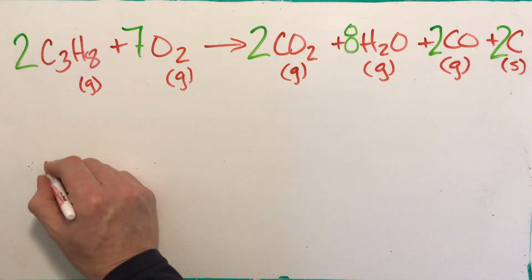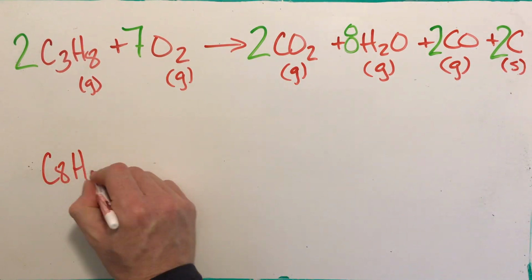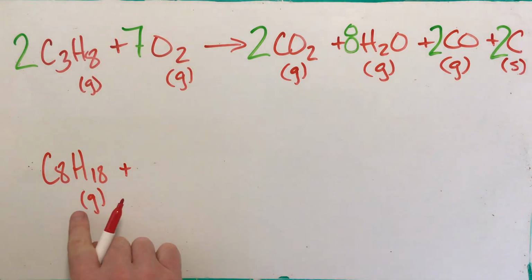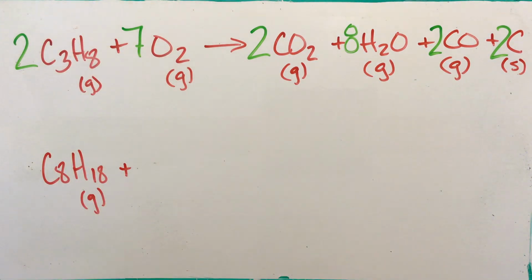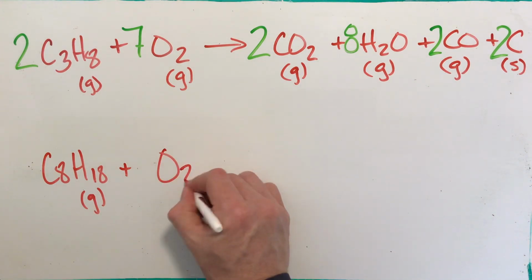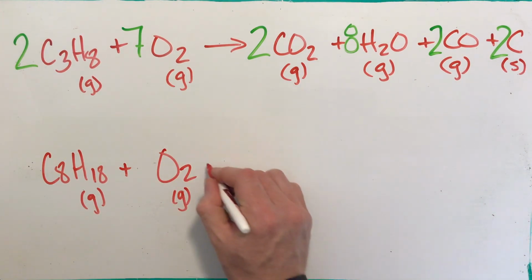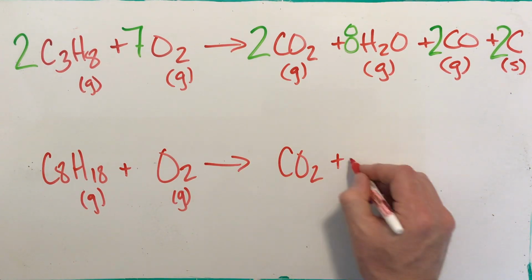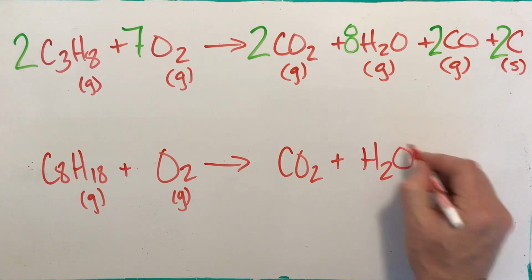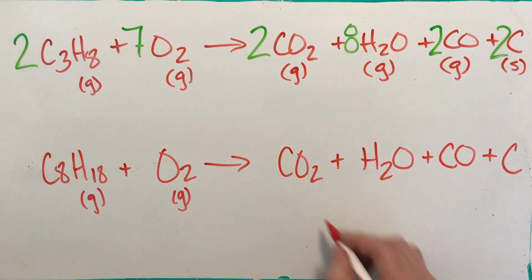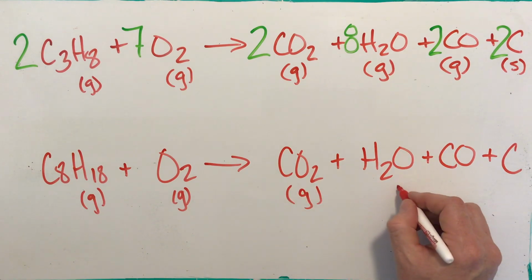And again, we use the car as the example, so let's do that again. Here's gasoline. I know you buy it as a liquid, but when it gets into the piston chamber where it combusts, it is a gas. It's mixed with oxygen, which is also a gas. And we get these products, and of course gas.